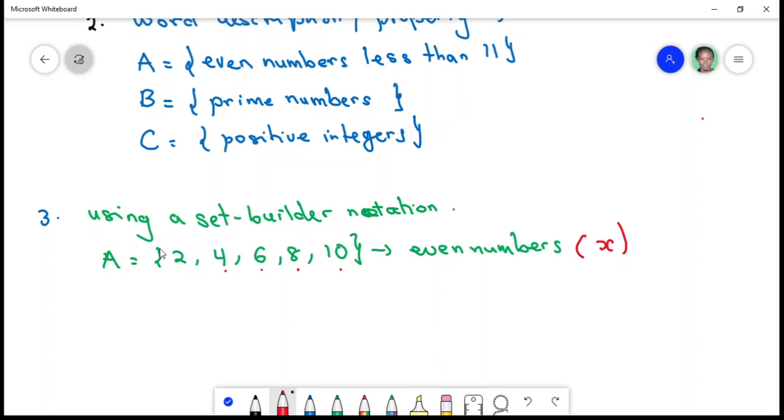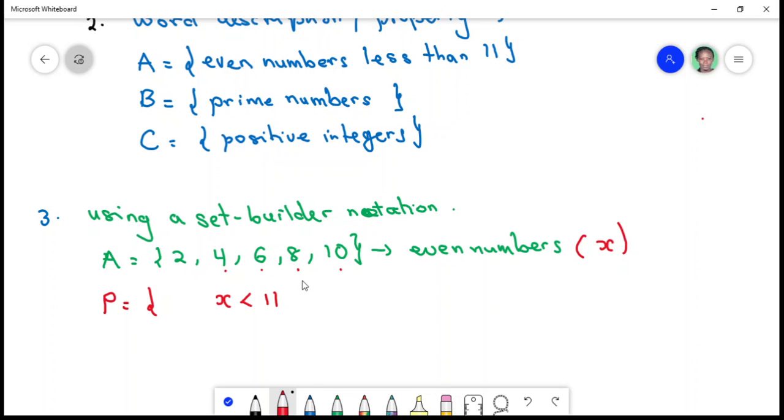So if I want to use a set builder notation, let's say I have the set P, it means that I have a set, let's say S, which are even numbers. But these even numbers, this X, which is an even number, is less than 11.